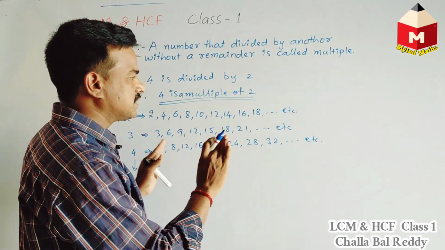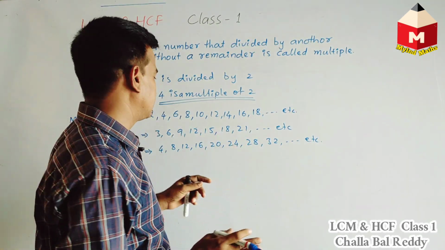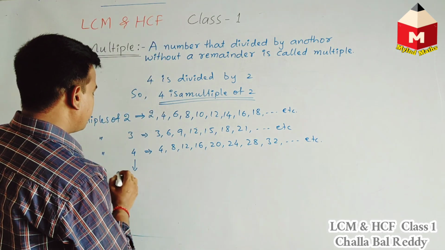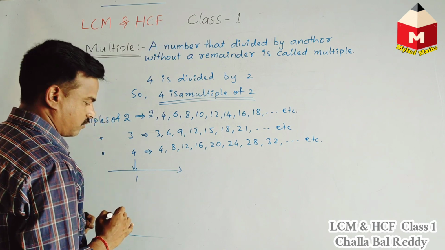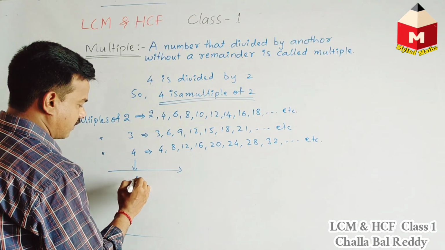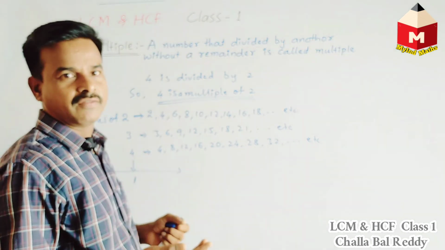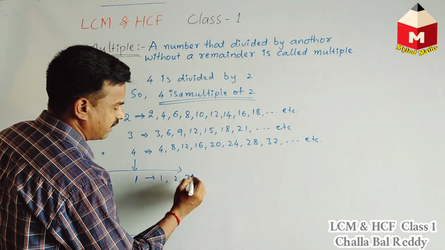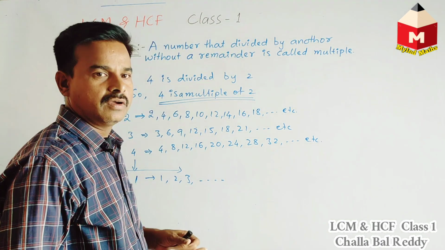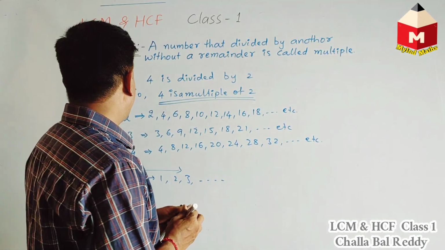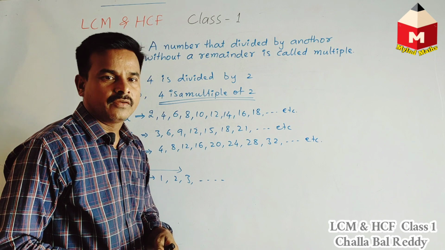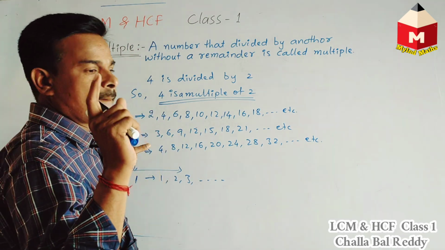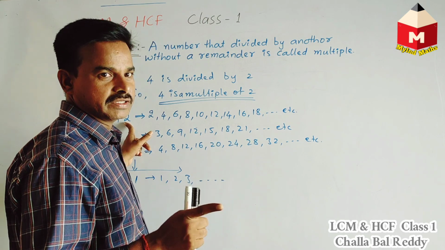How many multiples are there? So many multiples are there for every number. If we want to write multiples of 1, what are those? Every natural number is a multiple of 1: 1, 2, 3, and so on. Every number has infinitely many multiples.